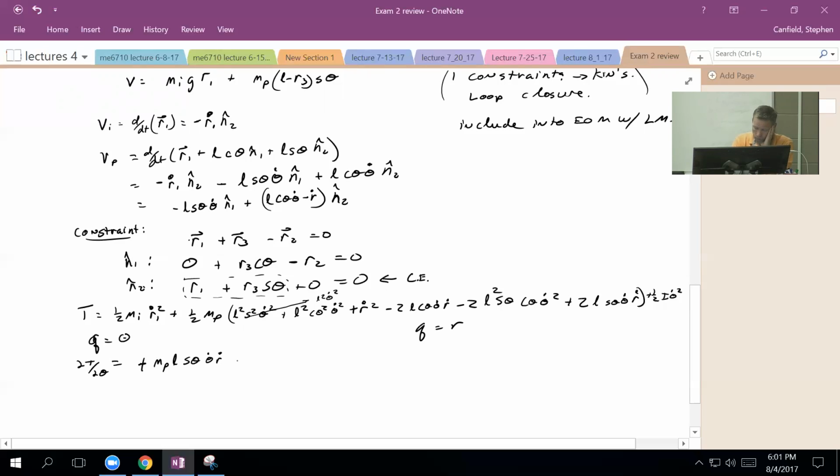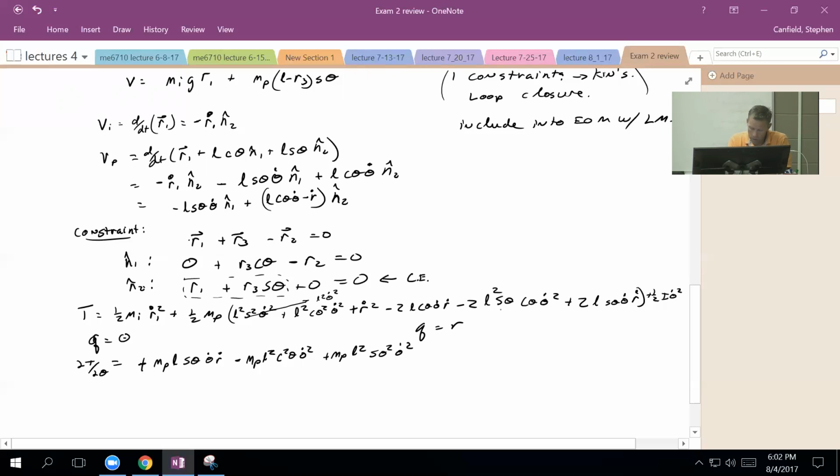So I get a minus 2 MPL squared cos squared theta theta dot squared. It looks like I get a plus MPL squared sine theta squared theta dot squared.